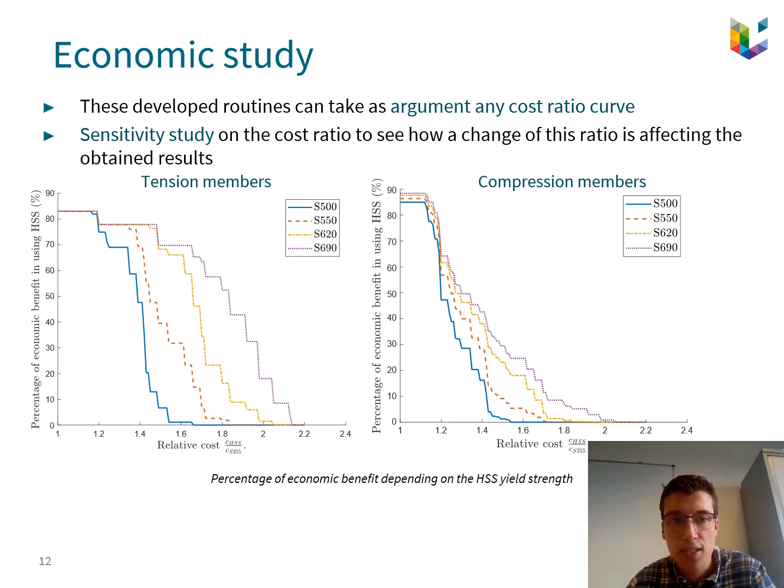As you can see, we can plot the evolution of the percentage of economic benefit in the whole domain, depending on the relative cost. These charts can be very useful for a manufacturer to see how to fix their relative cost.